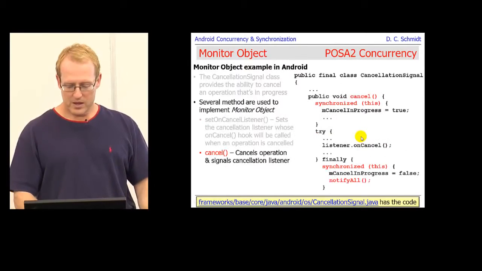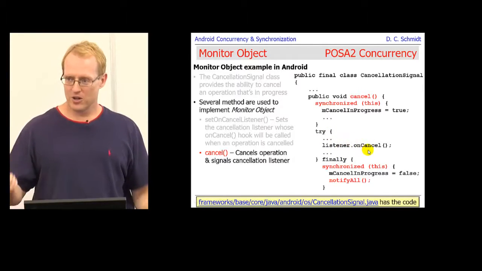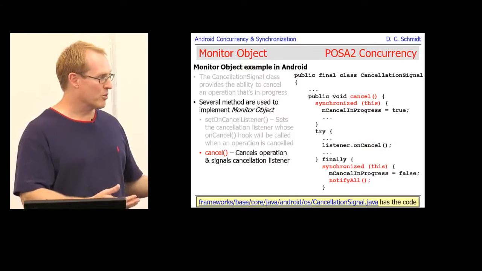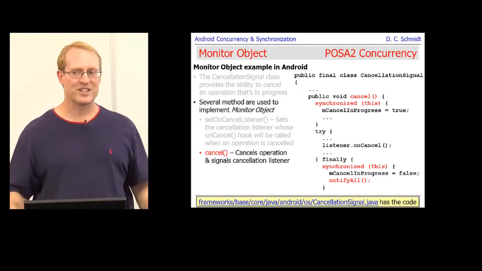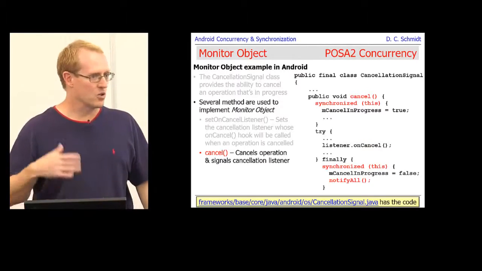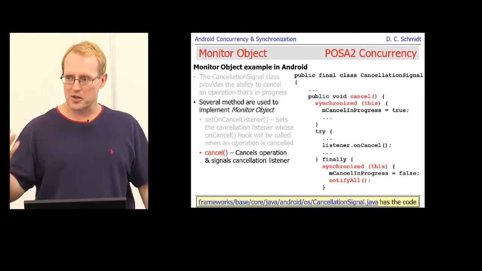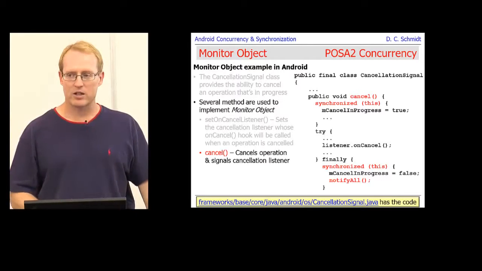We then do some work, and one of the things we do is we call the onCancel hook, which was supplied earlier when we set the onCancelListener hook. And that'll do whatever it needs to free up the resources, shut things down, clean up whatever we need to clean up.